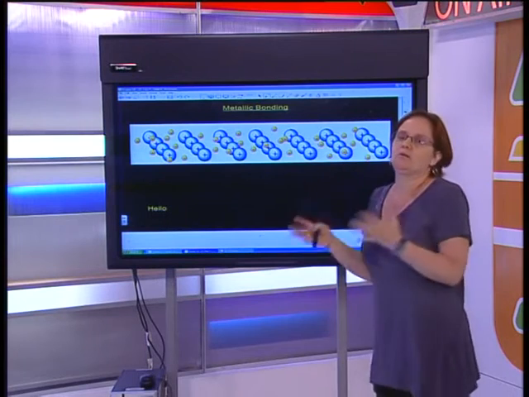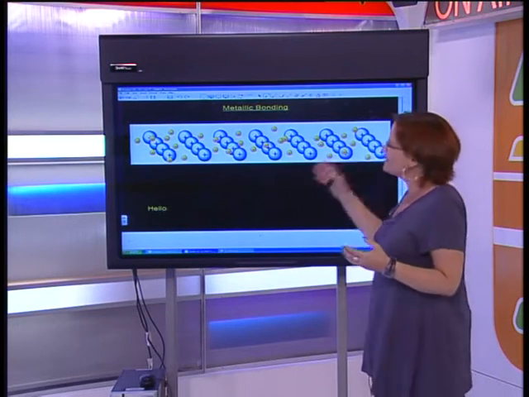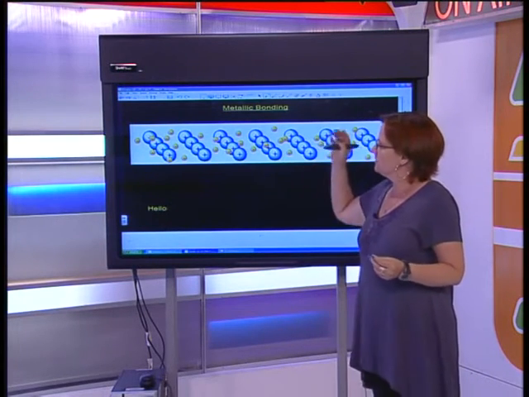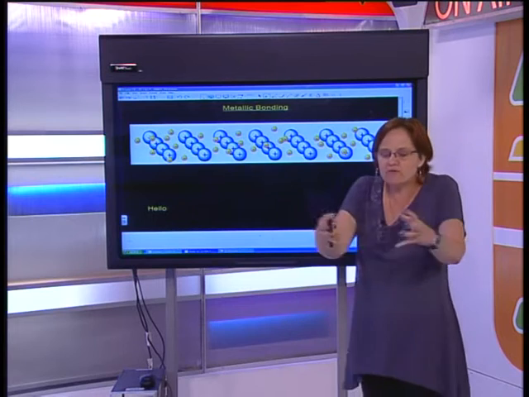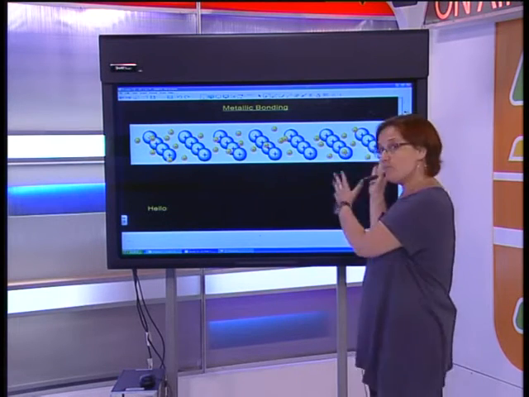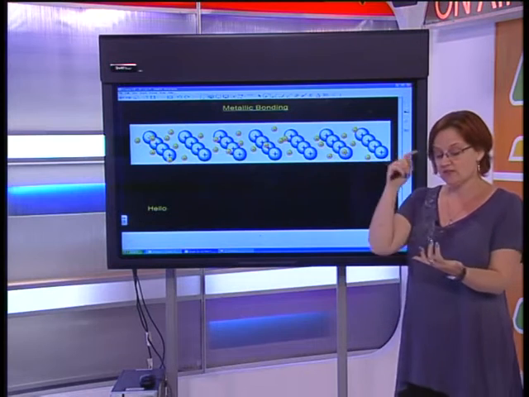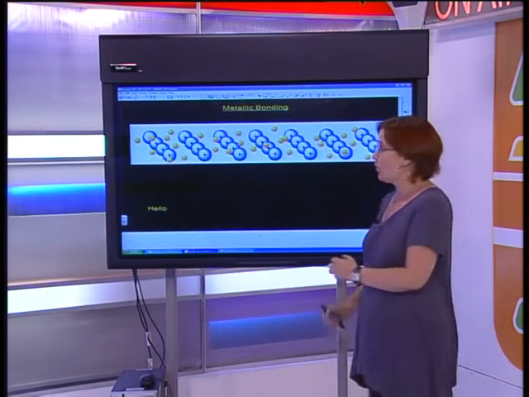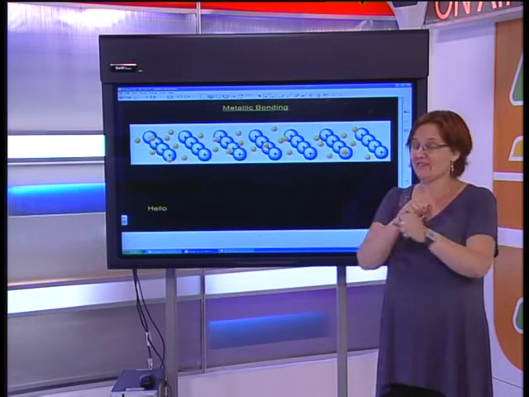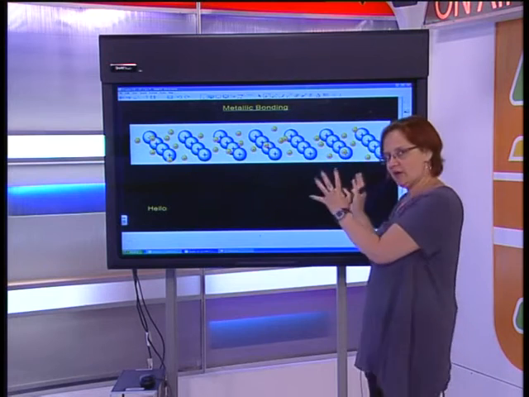By metallic bonding, what we're referring to here is what keeps metals as metals. Why do they stay together? Their bonding actually explains why they're good conductors of heat, why they're good electrical conductors, why they're malleable, why they're ductile. It's because of their bonding.